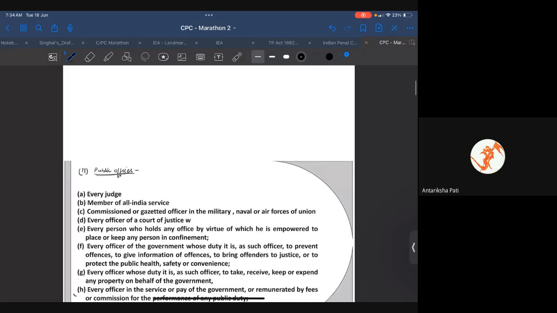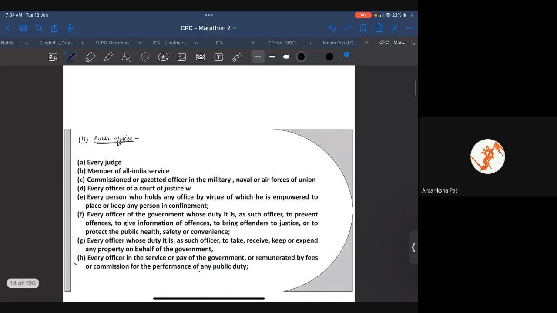Now, who is a public officer? Section 2(17). All these categories of people: every judge, member of the All India Services, commissioned gazetted officer in the military, naval, or air forces, officer of a court of justice, a person who holds any office by virtue of which he is empowered to place or keep any person in confinement. Every person of the government whose duty it is as such to prevent offences, or to give information of offences, or to bring offenders to justice, or protect the public health, safety, or convenience.